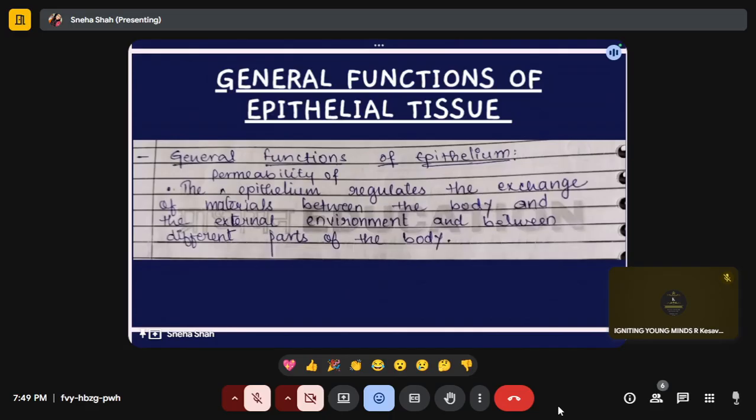First is the permeability. Permeability is nothing but the presence of pores on the surface, which allows the exchange of materials. So the permeability of epithelium regulates the exchange of materials between the body and the external environment. Like in the skin, what is one of the major functions of skin?